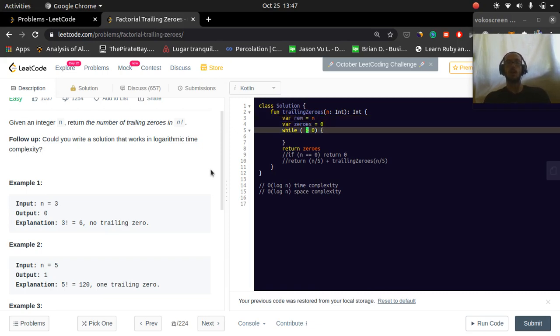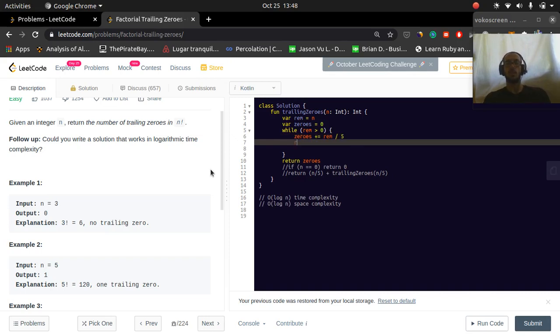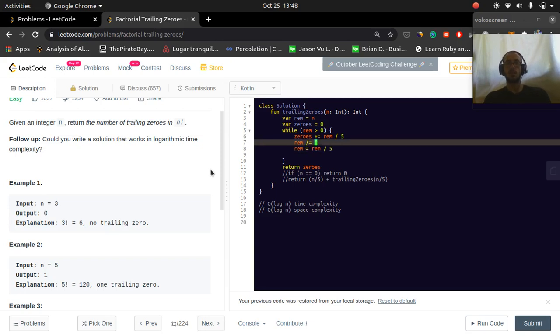We'll say while remainder is greater than 0, we'll add remainder divided by 5 to zeros, and reduce remainder to itself divided by 5. So slash equals, this is equivalent to saying the following. Just have to write a little bit less.